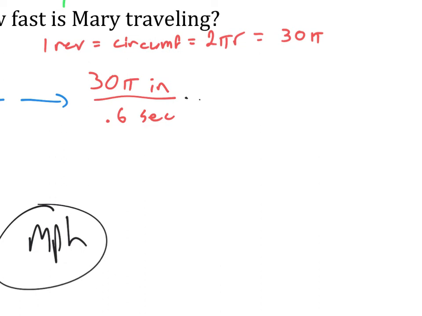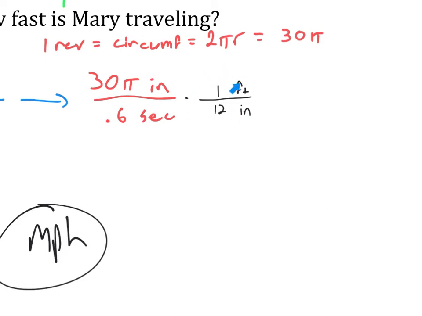If I see inches in the top here and I want to convert out of it, I'm going to put inches down here. And I don't know how many inches are in a mile, so I can't put miles up there. But I could put feet, because I know how many inches go in a foot. And there's 12 inches for 1 foot.